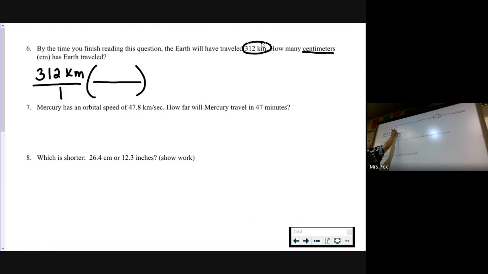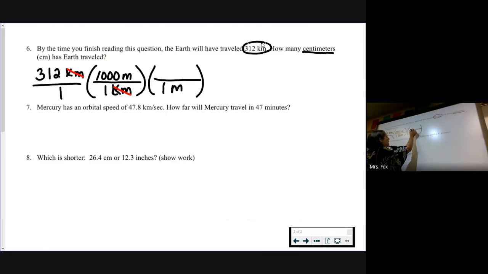Let's set up our first fraction. We know that 1,000 meters is equal to 1 kilometer. My kilometers diagonal cancel. My next fraction will allow me to go from meters to centimeters. We know 1 meter is equal to 100 centimeters.